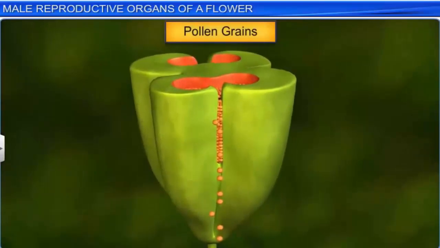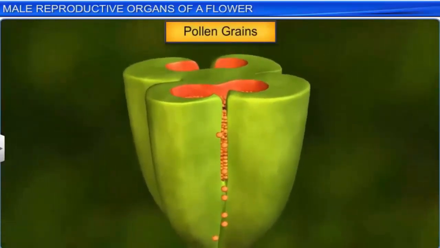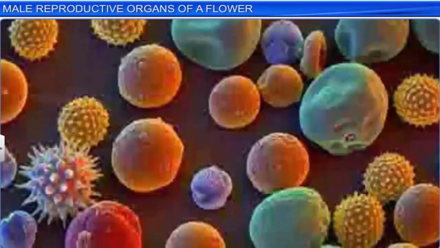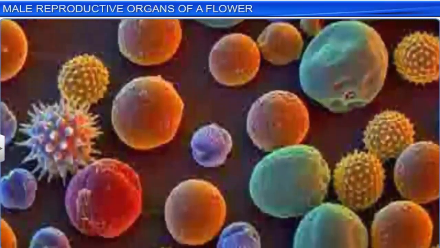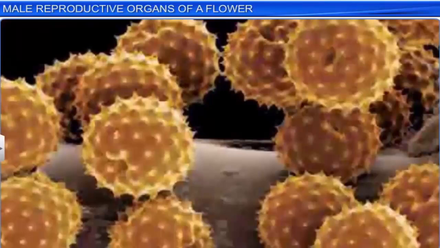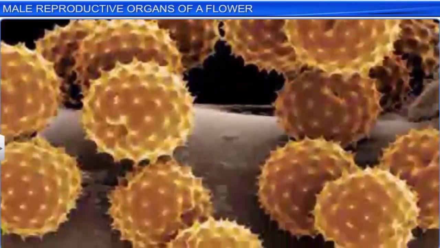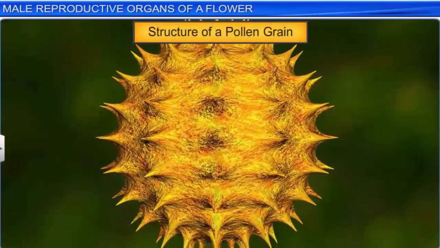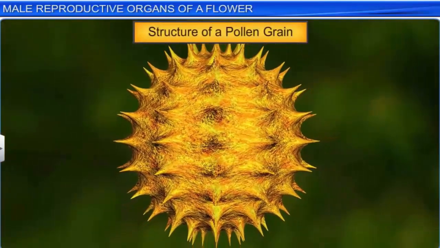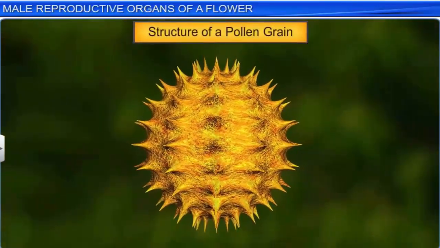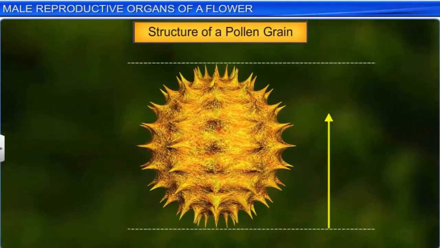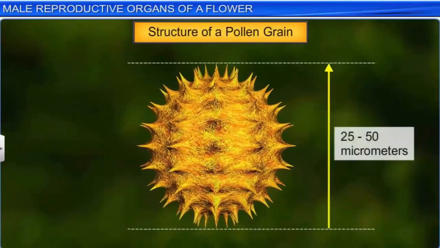Pollen grains, which represent the male gametophyte, come in a wide variety of sizes, shapes, and colors. A typical pollen grain, however, is spherical in shape and has a diameter measuring about 25 to 50 micrometers.